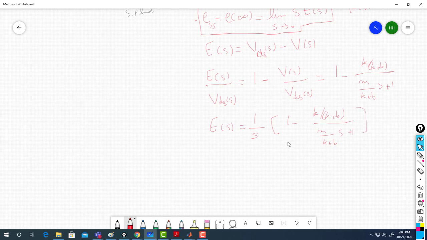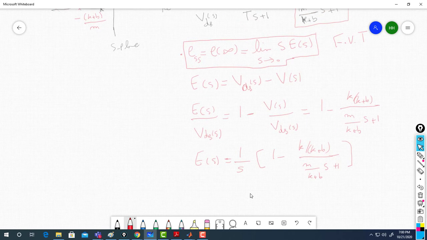From here, I want you to continue it yourself. You need to put E of s in here and replace s by 0, or s tends to 0.